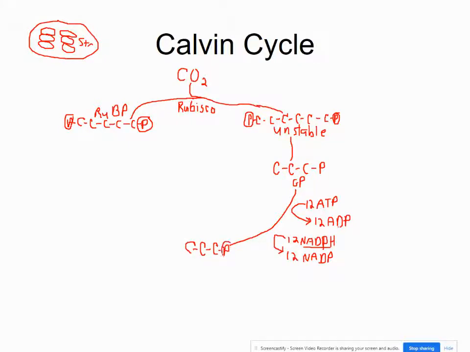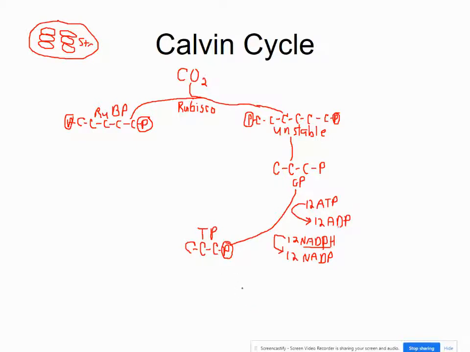The difference between the two is we have put a lot more energy into it. By reducing it, we have added hydrogens, we've added electrons. Remember, those electrons came from the light-dependent reaction. So we've just made this a much stronger molecule, and this is called triose phosphate, or TP.